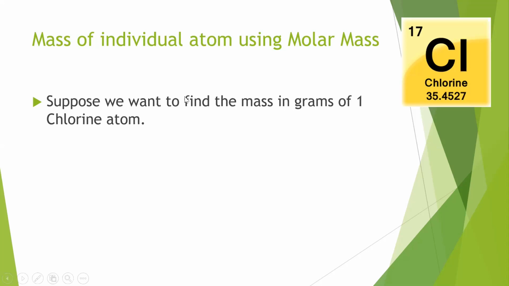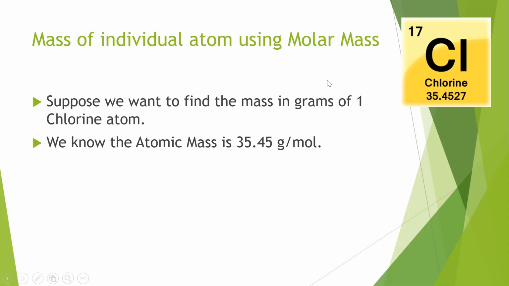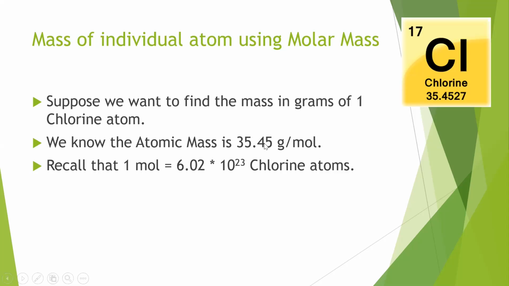So suppose we want to find the mass in grams of 1 chlorine atom. So from the periodic table, we know that the atomic mass is 35.45 grams per mole. And we also have to recall that 1 mole is 6.02 times 10 to the 23rd atoms.